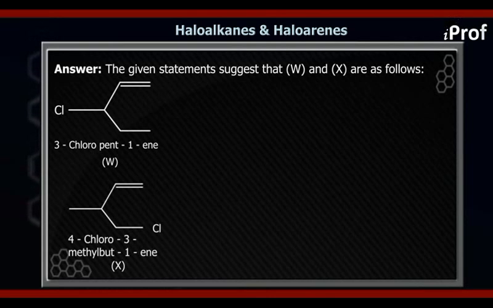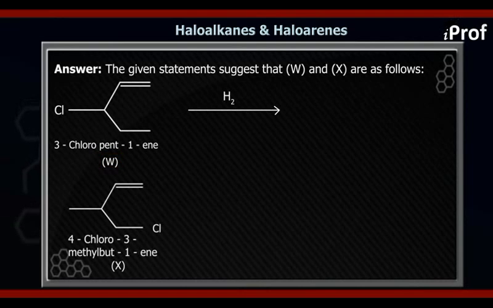Now the role of 1 mole of H2 is that in the structures we have assumed for W and X, we have assumed a pi bond, that is an alkene, in the compound. So when 1 mole of H2 is added, this pi bond will be reduced to an alkane.